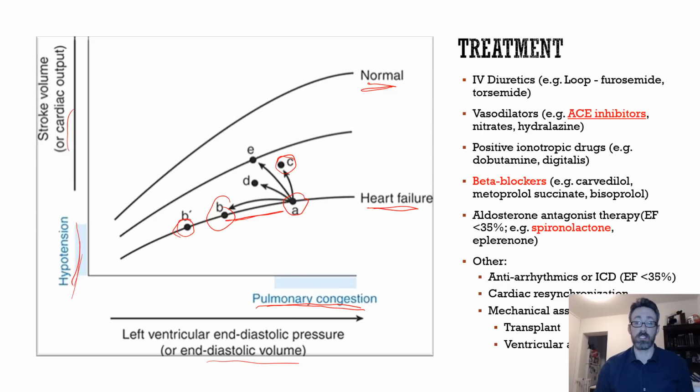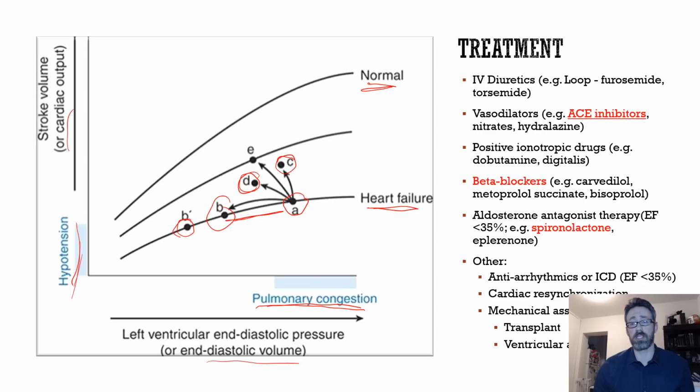So something that increases the contractility of the heart would help to improve, put us on a new functioning line. So that would greatly improve our contractility, and it could improve our stroke volume, but it may or may not get us out of that congested zone right there.